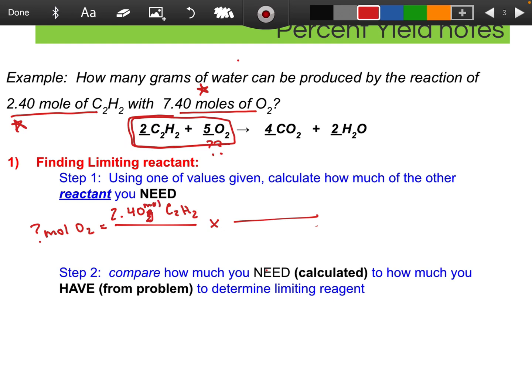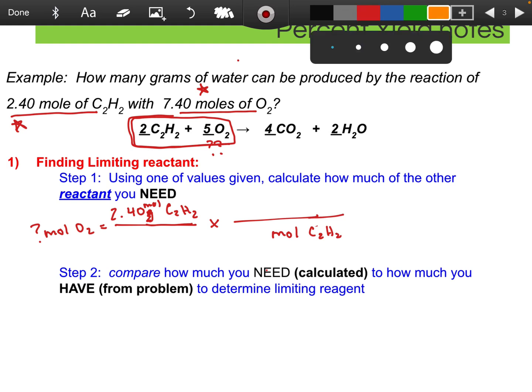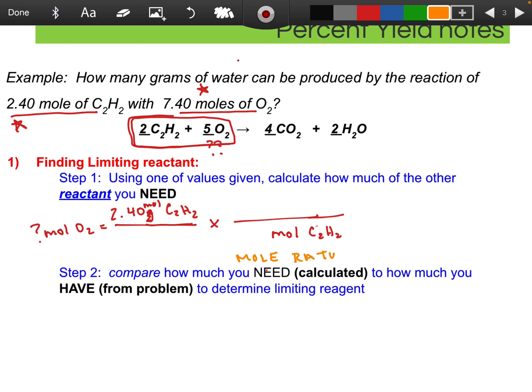So remember, whatever unit you start with on the top gets transferred to the bottom of the next step. So here we're in moles, and we want to know moles of O2. So this step is going to be your mole ratio, which comes from the balanced equation. So we're comparing C2H2 to O2.